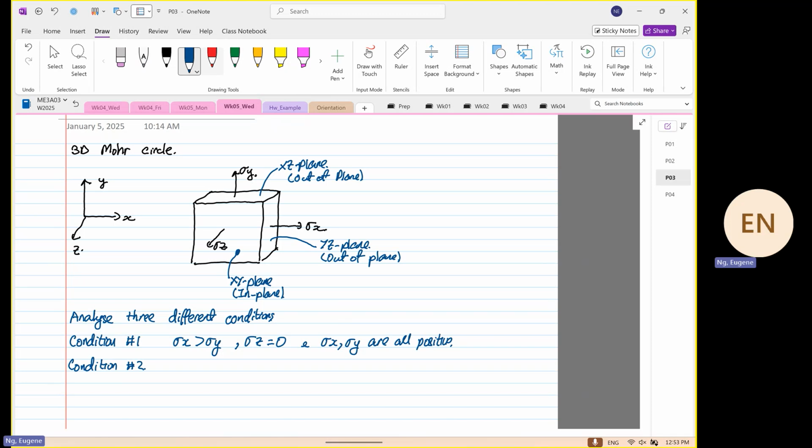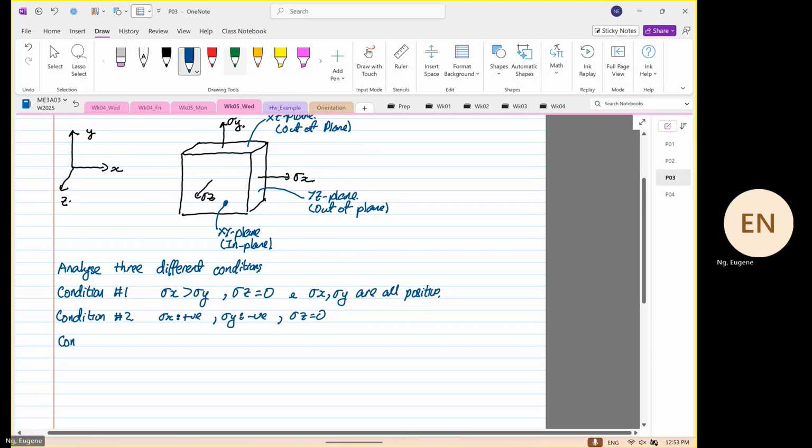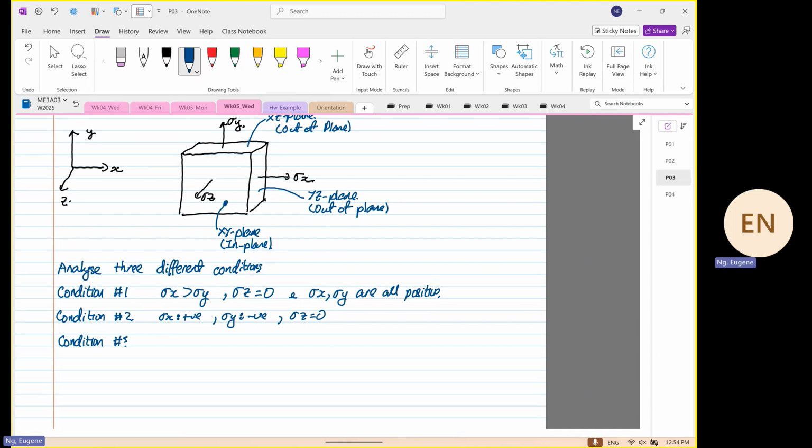In condition number 2, we have stress X is positive, stress Y is negative, and stress Z is equal to 0. That is our condition number 2. Condition number 3 is where stress X is greater than stress Y is greater than stress Z, and all are positive.